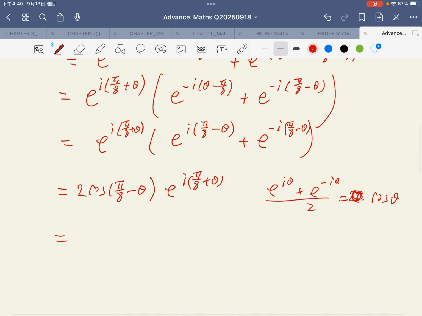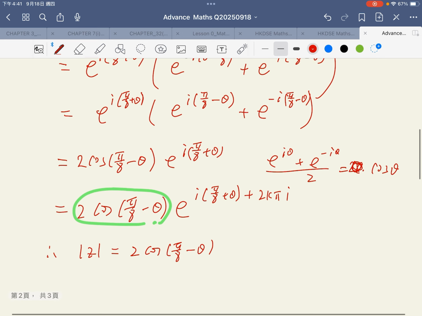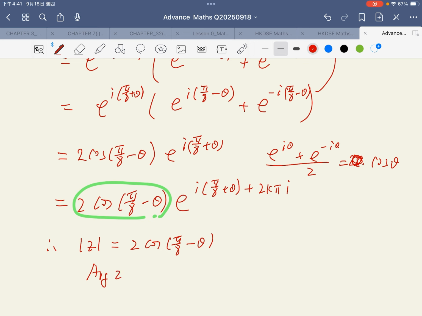Therefore, I can use the branch theory, plus 2k pi i. The modulus should be this part, and the argument is equal to this one.